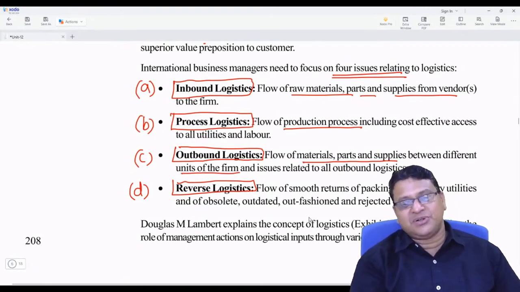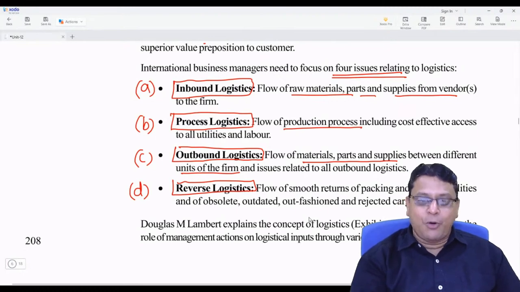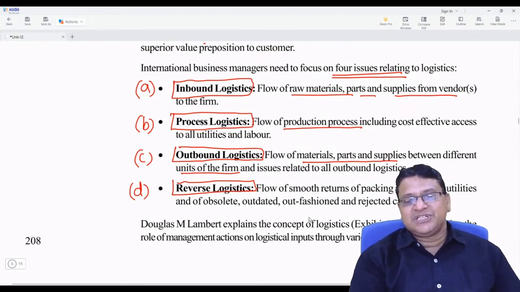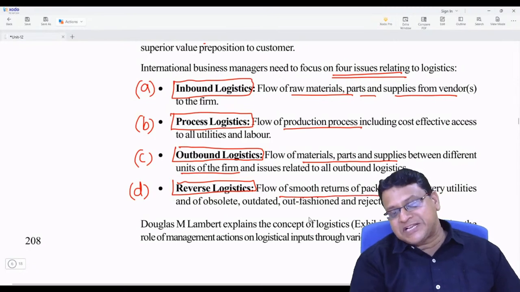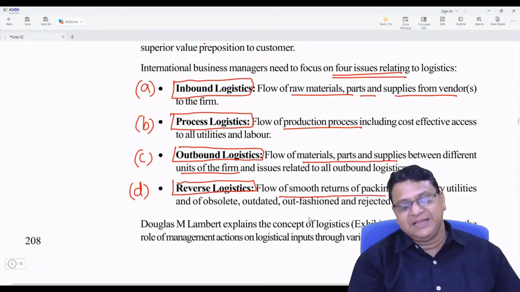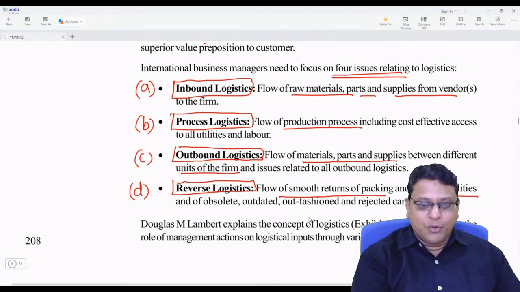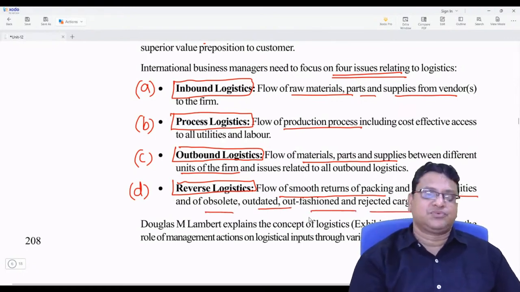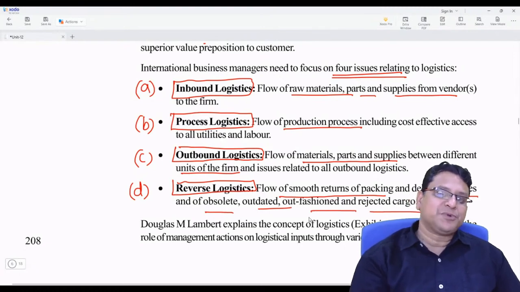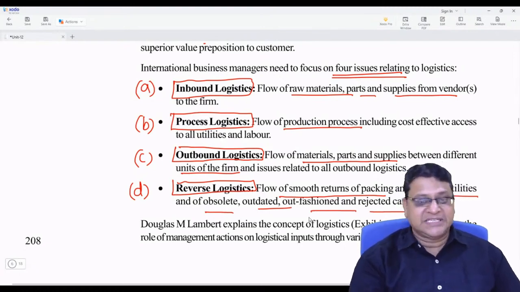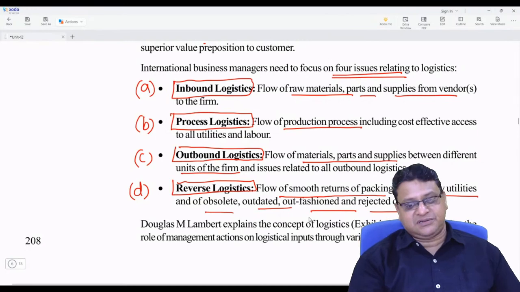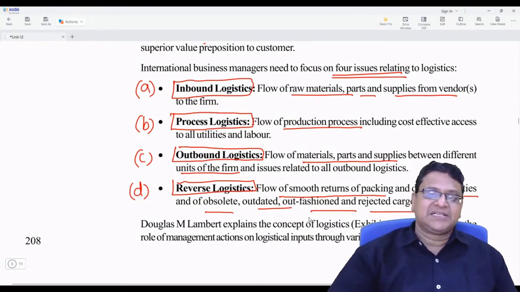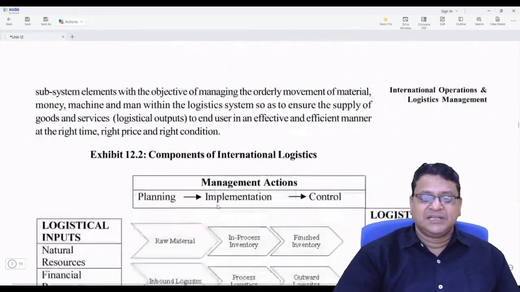And what is reverse logistic? It is just the opposite of inbound logistic. It is the flow and smooth return of packing, delivery utilities, and obsolete, outdated, outfashioned, rejected cargoes. So there are four types of logistics which must be managed: inbound, process, outbound and reverse logistic.